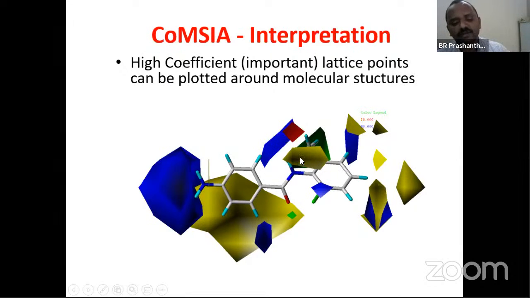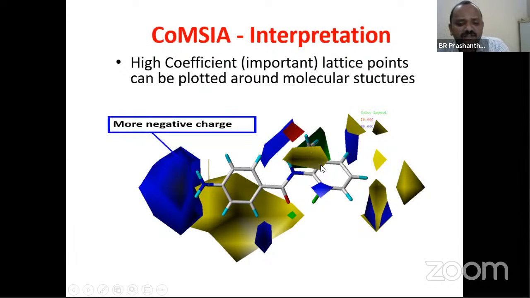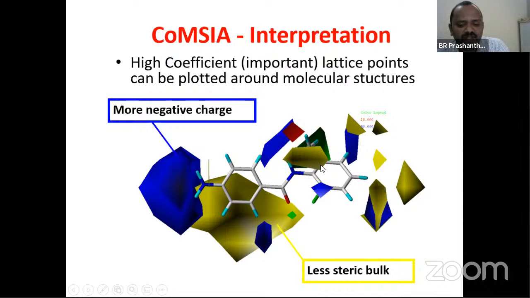Here you should not do steric extension, here you should. This side you should not, the other side you have to. Here you have to keep electronegative groups like nitrogen, oxygen, fluorine, and here there should be electropositive groups like hydrogen, for example. This is how we interpret it.